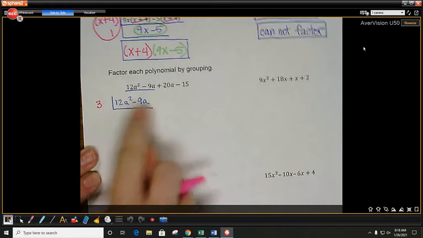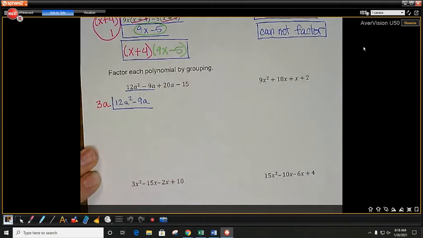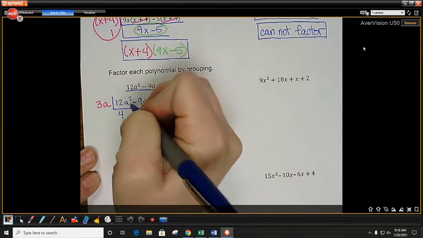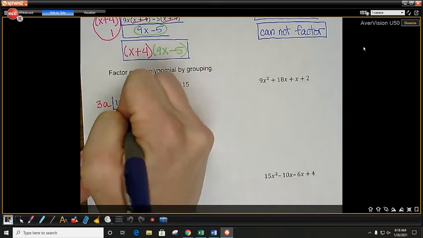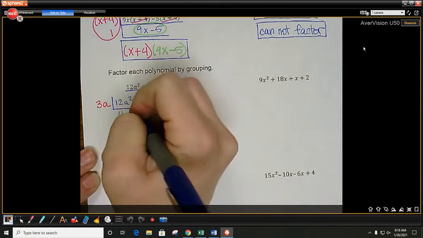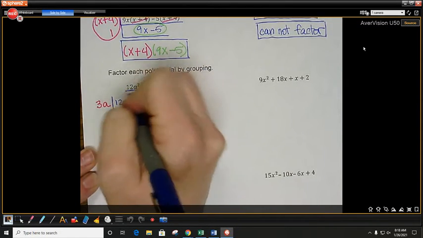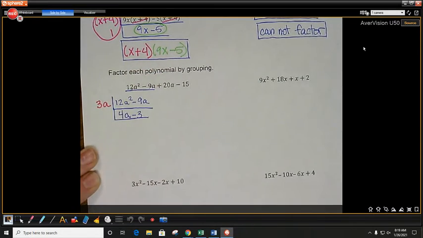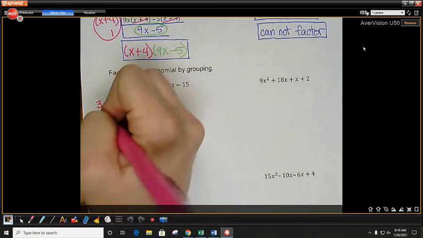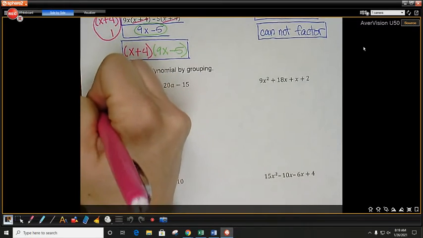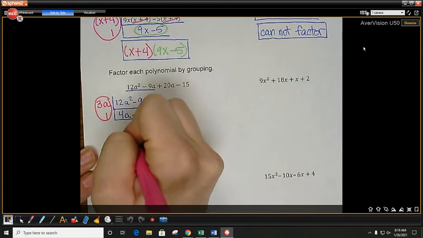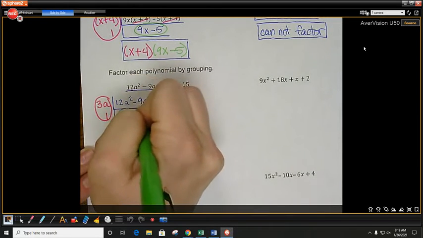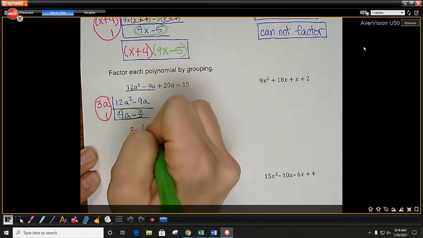There's an a here and an a here, so I can take out an a. 12 divided by 3 is 4. A squared, but we took an a out, means there's still an a. Negative 9 divided by 3 is negative 3. You have an a, but you took an a out, so no a there. So my common factor here is just a 1. So I have 3a as my GCF, and then the last row of my upside down division, 4a minus 3.